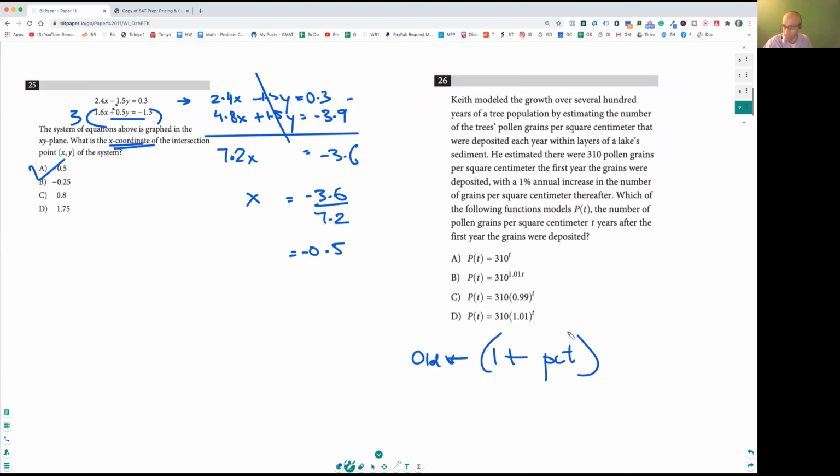Guys, we just did this. You know this formula: new is equal to old times 1 plus percent, and then you raise it to the time. That's all it's saying. There's nothing much to it. And so it's 310 times 1 plus 0.1 to the t. It cannot be any of these, right? This is ridiculous.